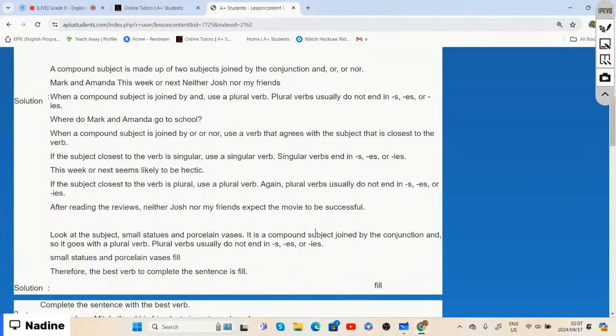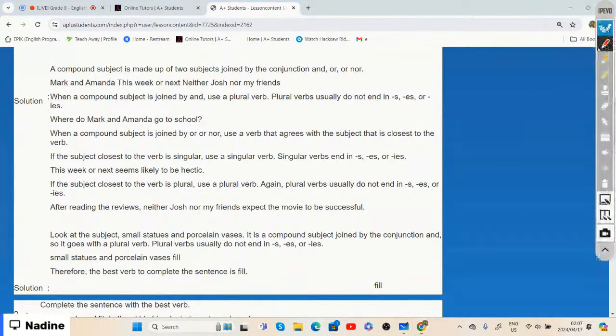That's a compound subject. A compound subject is made up of two subjects that are joined by a conjunction, which is and or nor. For example, Mark and Amanda, or you can say this week or next, or neither Josh nor my friends.